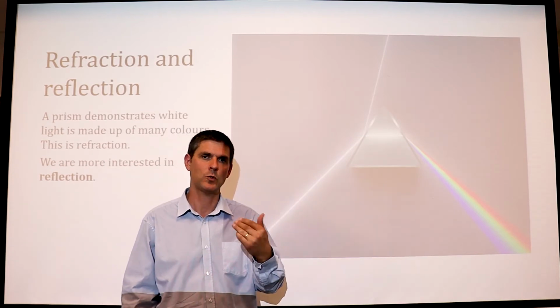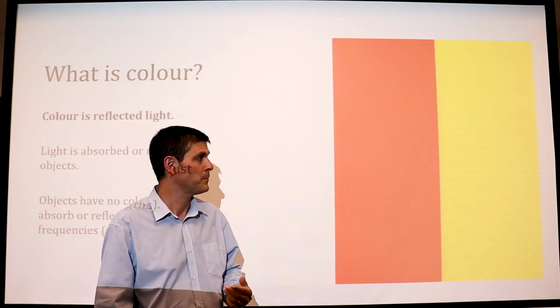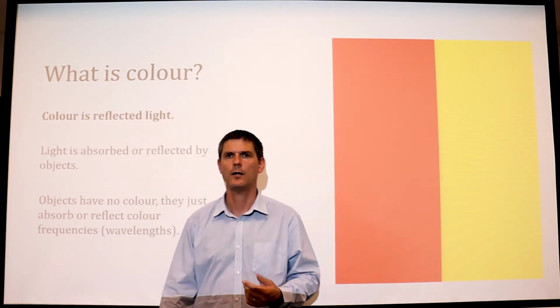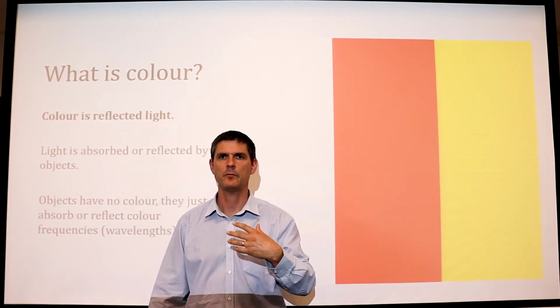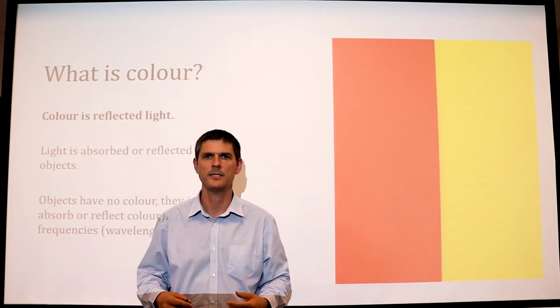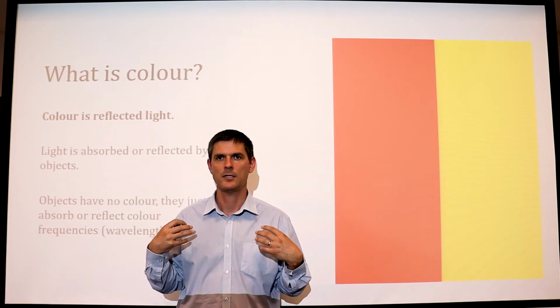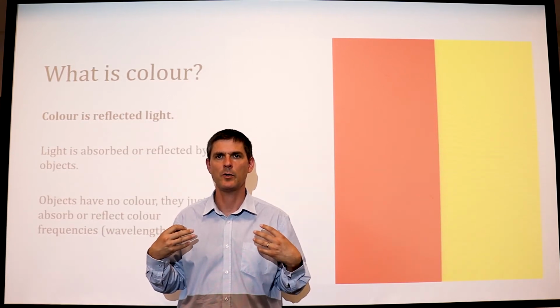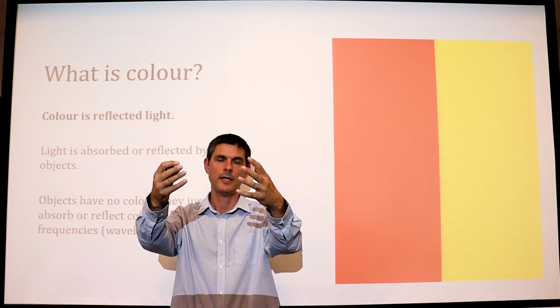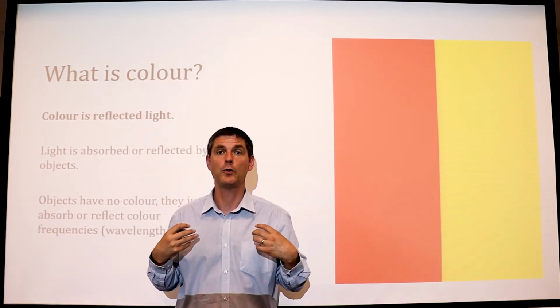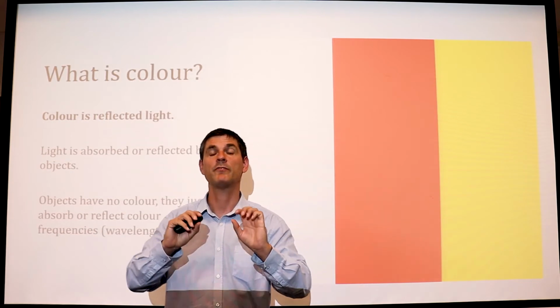Reflection is more to do with how we see light. When white light is hitting me, as you can see right now, I'm wearing a light blue shirt, so there's a reasonable amount of blue in there. The light is hitting this shirt, and the blue is generally being reflected back.